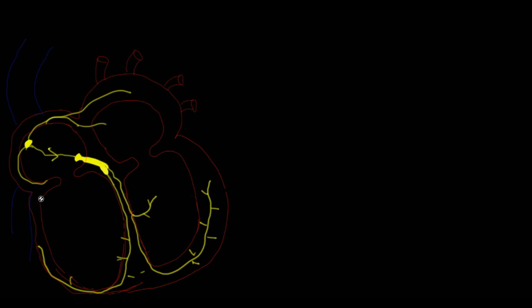Next, we can have a look at the conduction system and if some trouble happens in the AV node. Right, so if a trouble happens in the AV node or just below it at the bundle of His, it can cause heart block.